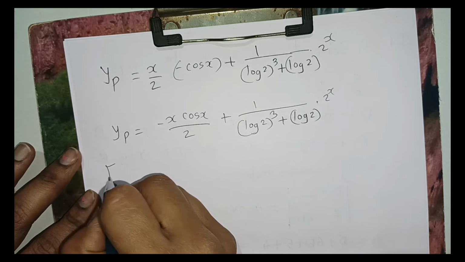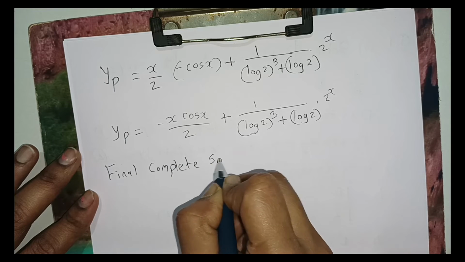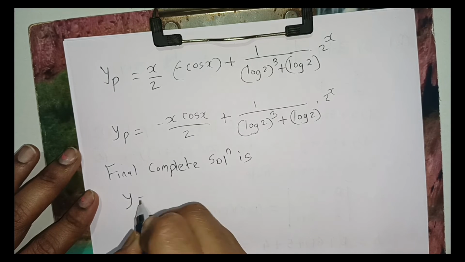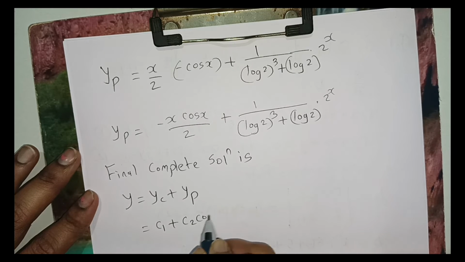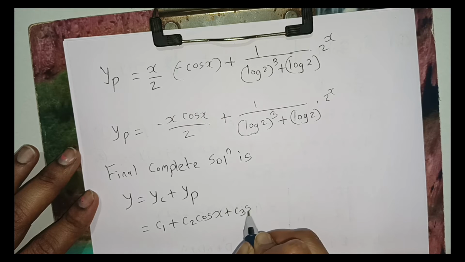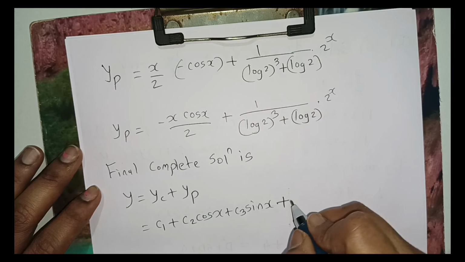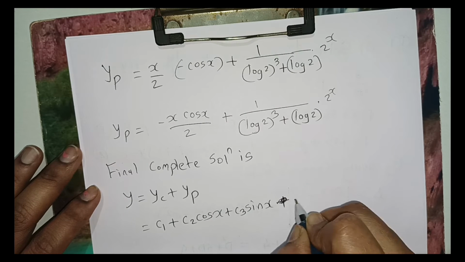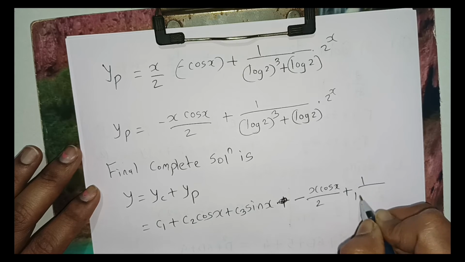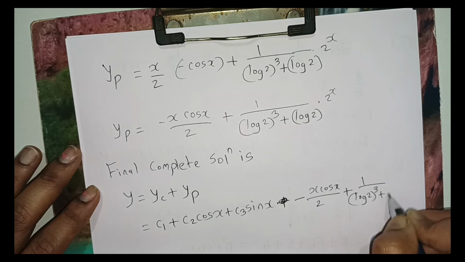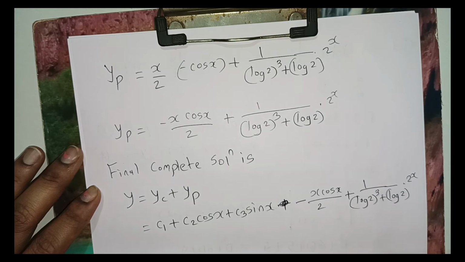So the final complete solution is y is equal to yc plus yp, that is equal to c1 plus c2 cos x plus c3 sin x, plus yp, which is minus x cos x divided by 2 plus 1 by log 2 bracket cube plus log 2, operating on 2 raised to x.